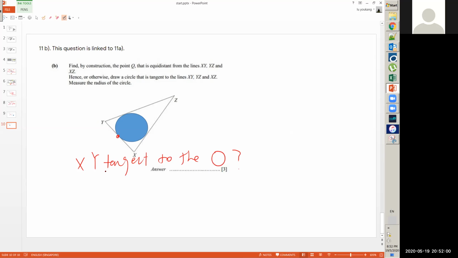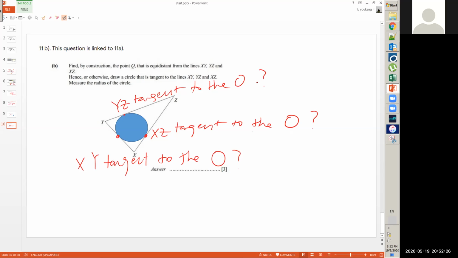Yes. Over here, is this XZ tangent to the circle? Yeah. And is this YZ tangent to the circle also?